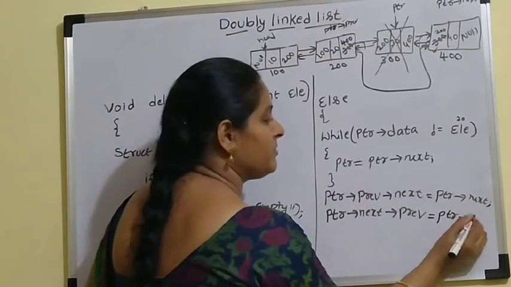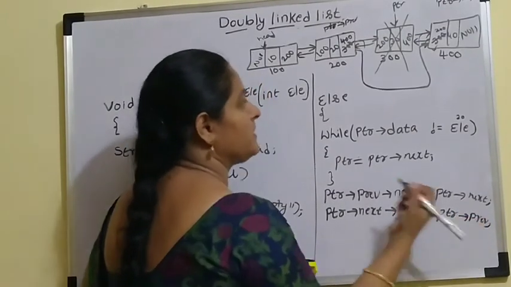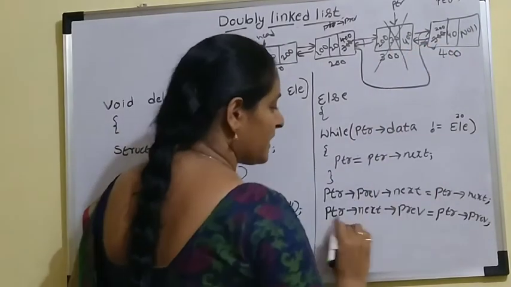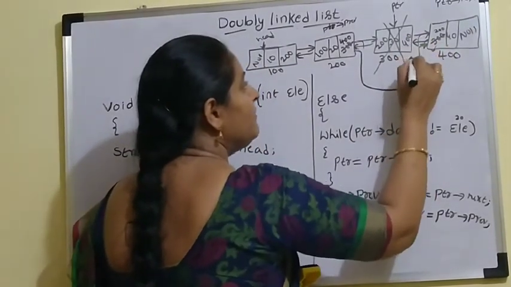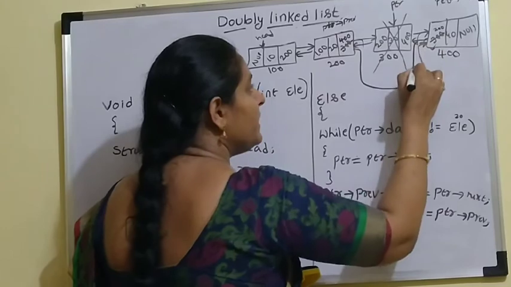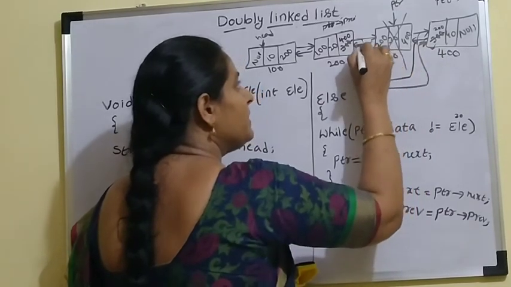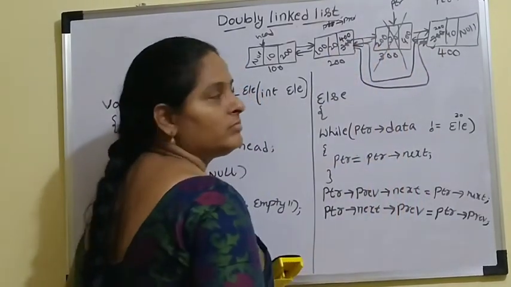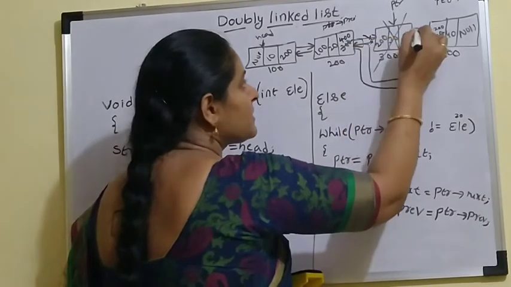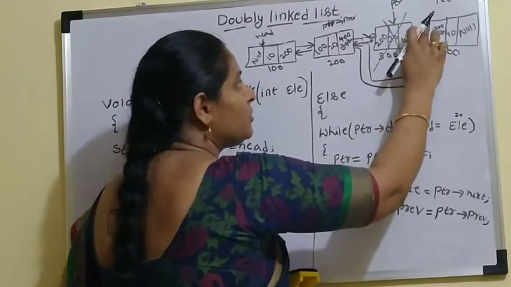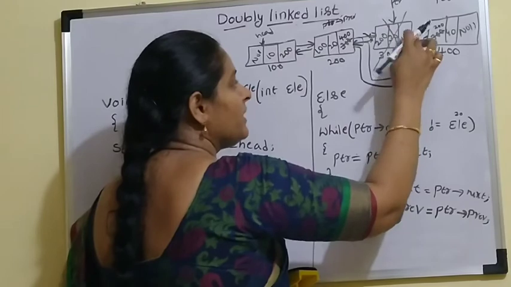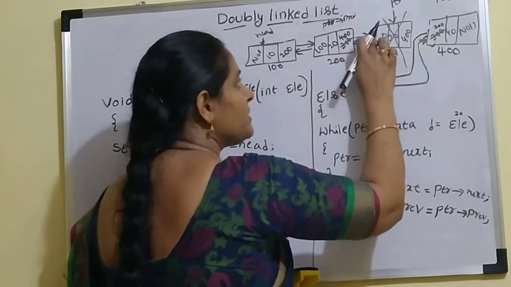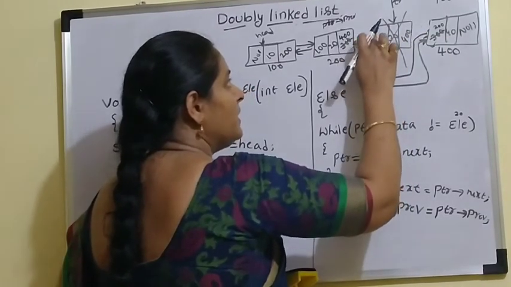If you write this statement, automatically one more connection will be established between ptr next and ptr previous. Now remove these two links. Automatically the two links are removed, because you are establishing this connection.